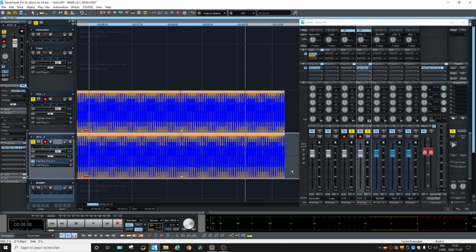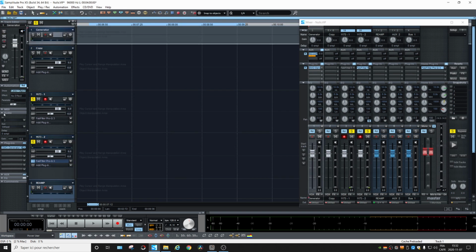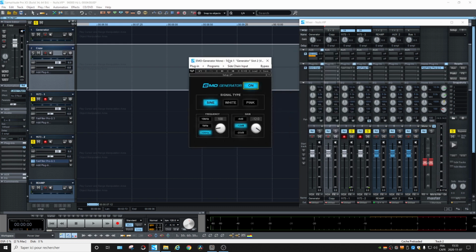So let's try to find other differences from both our units. I'm gonna remove the tracks. And I'm gonna activate the generator again. There we go.